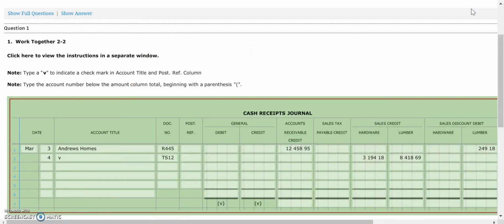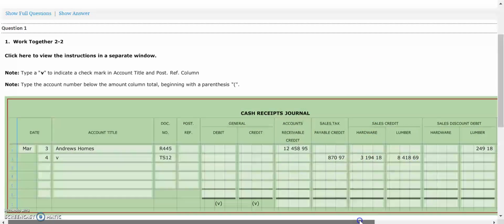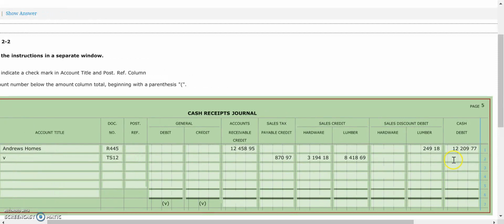So we're going to take that number times 0.075, and we get a total of $870.97 when we round. So we're going to plug $870.97 in there. And now the total of all three of those added together is the total amount of cash that we received. So the total sales for hardware, total for lumber, plus sales tax equals $12,483.84.